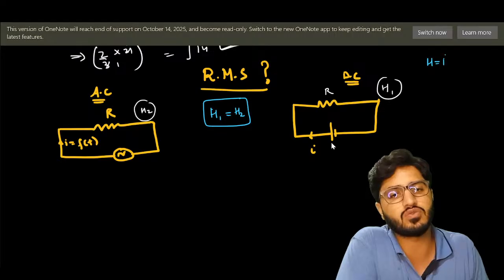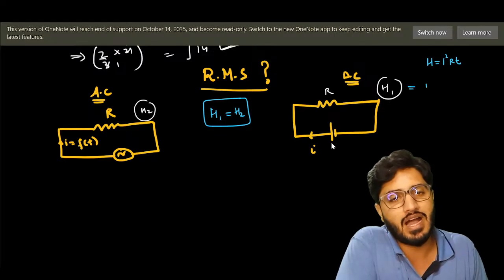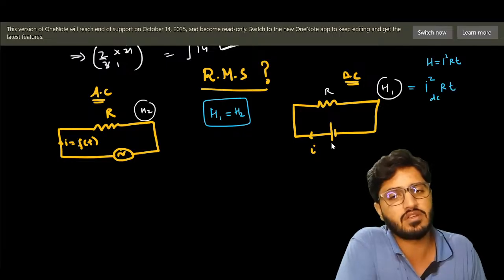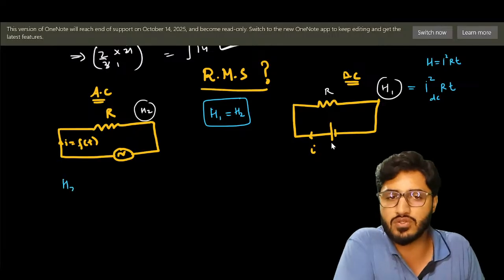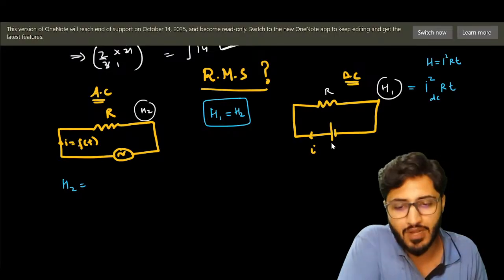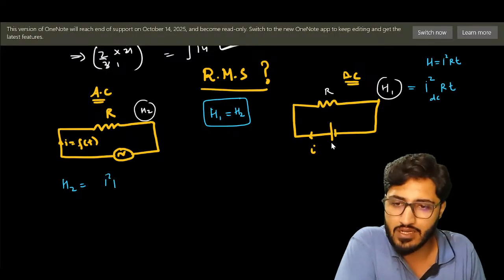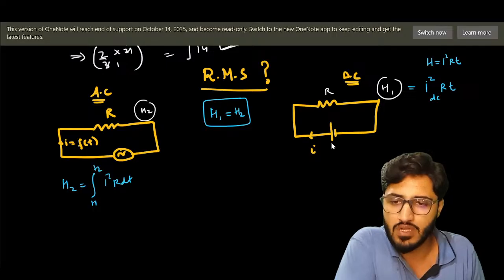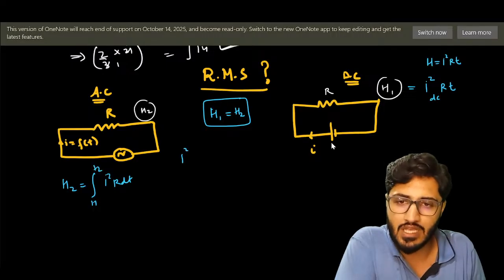Heat equals I square into R into T. In DC, the resistance is R times T. Here H2 is I square, but I is a function of time T. So I can write it is I square into R dt, integrated from T1 to T2. Both are equal.